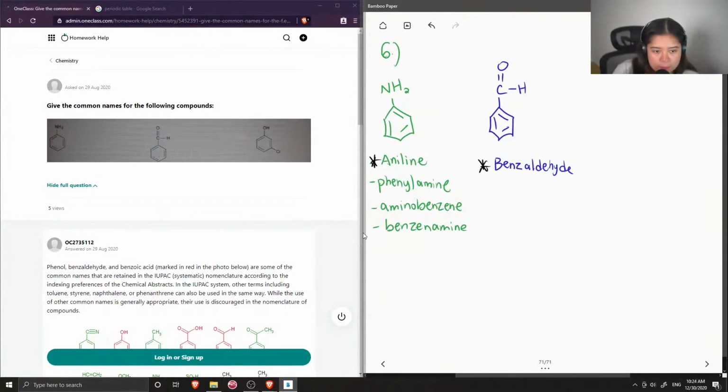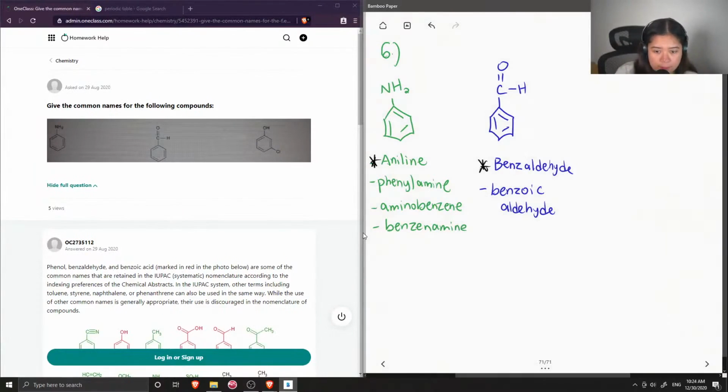Okay, I believe another less common name for this compound could also be benzoic aldehyde. But again, benzaldehyde is most commonly used.